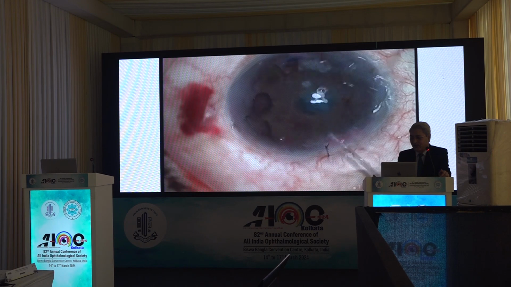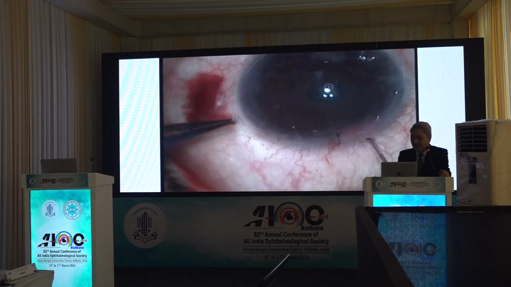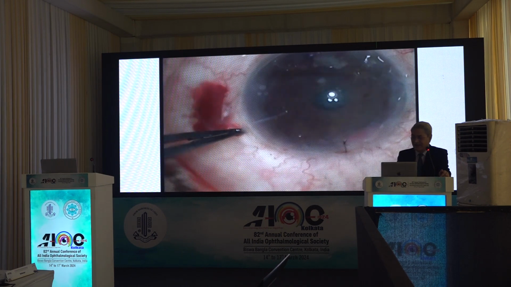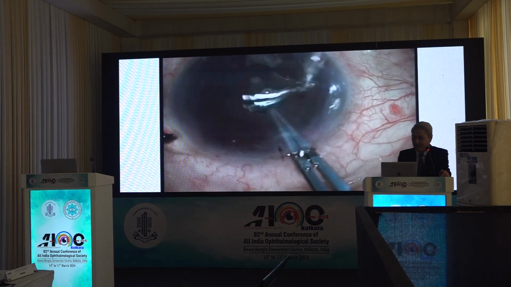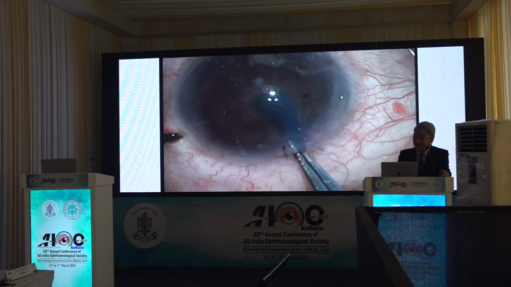I tried to locate it, and then I tried to feel it with a Sinskey, whether it is there or not. Then I tried with McPherson. The first time it was a miss. The second time I could catch it.